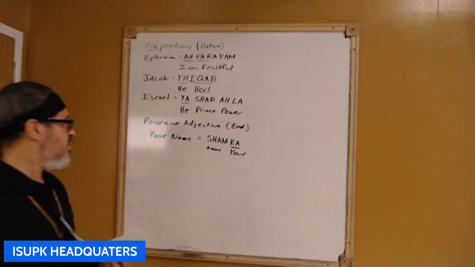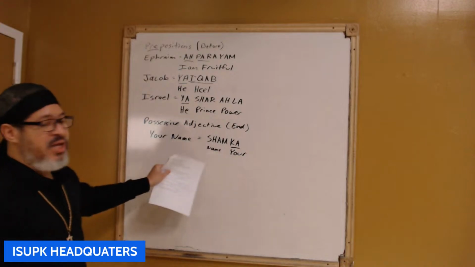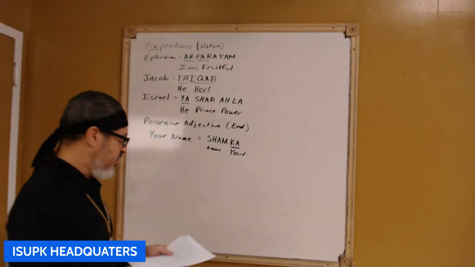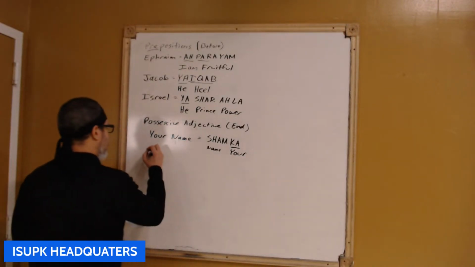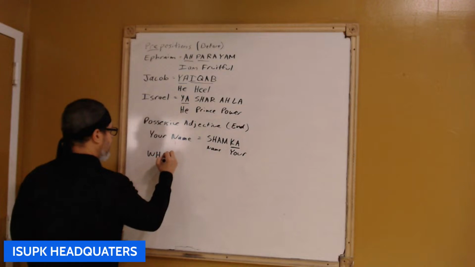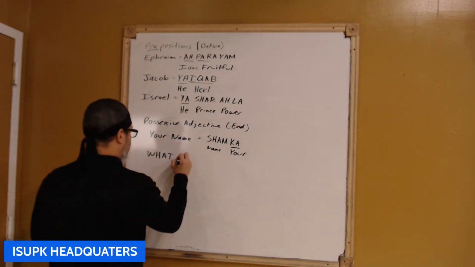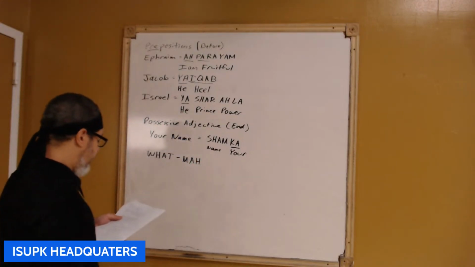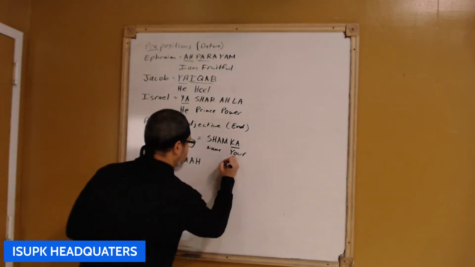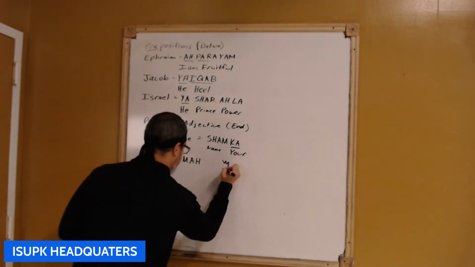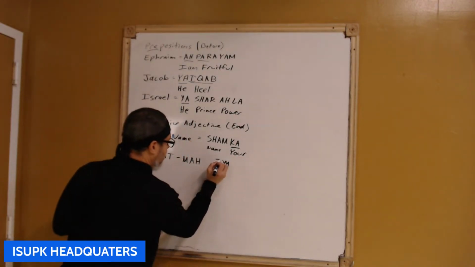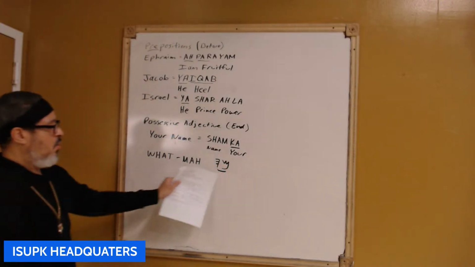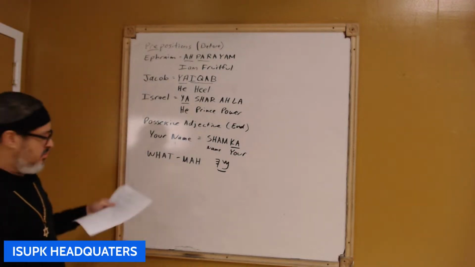Now we're going to do our first sentence. We know what your name is. Now we're going to say, what is your name? Here's our first sentence. What is Ma? M-A-H. Okay, so in the ancient, M and the Ha, Ma. What? What your name?